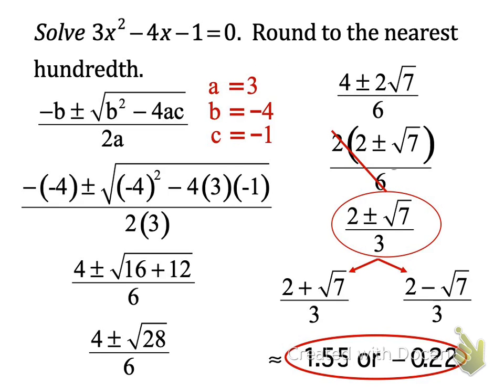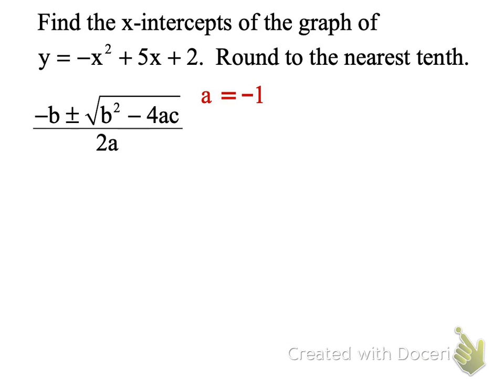These 2 answers are your x-intercepts on the graph, where the parabola is crossing. Do you understand? Is everybody clear on that? And we are using the quadratic formula tonight. We are not completing the square. So you're using this quadratic formula. There's no dividing out. Okay?